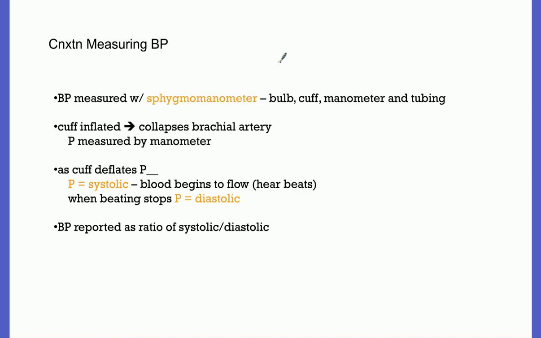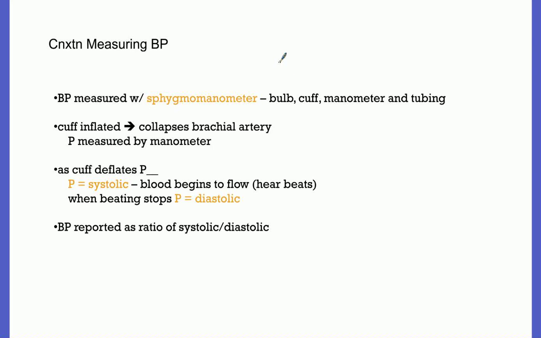So to measure blood pressure, you actually use a sphygmomanometer, which is a mouthful, but basically you have a bulb and a cuff. You use the bulb to fill the cuff with air and create a pressure big enough to cut off the circulation, to collapse the brachial artery in your arm.